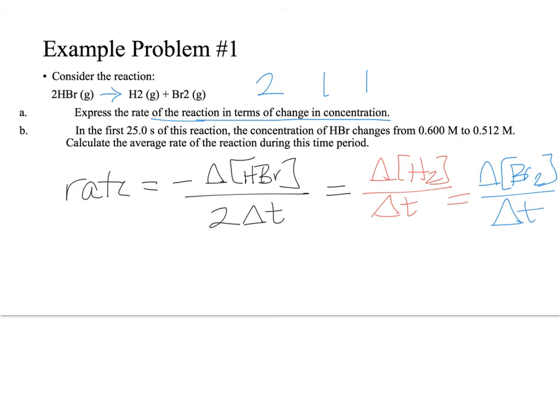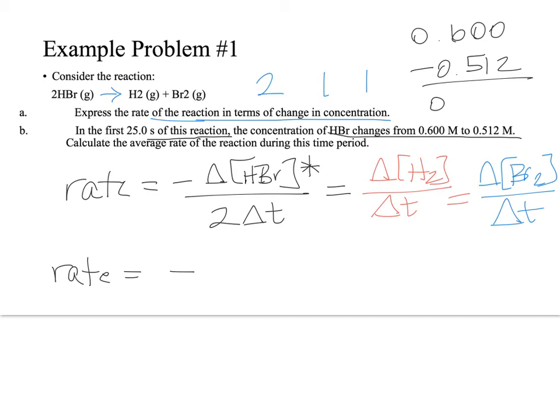Looking at the second part of this question, in the first 25 seconds, the concentration of hydrogen bromide changes from 0.6 to 0.512. Calculate the average rate of reaction during this time period. So I want to use this formula right here to solve for rate. All right, so it's negative change in hydrogen bromide, so 0.6 minus 0.512 is 0.088 molar.